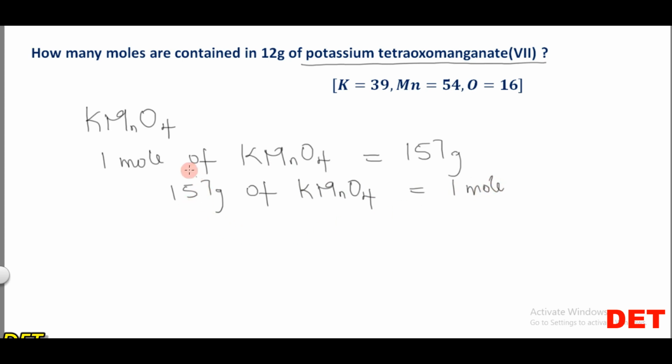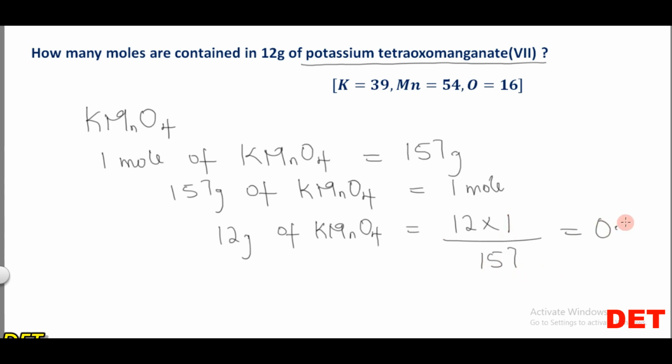All right. So the question is, how many moles are contained in 12 grams of potassium tetraoxomanganate 7? If 157 grams of potassium tetraoxomanganate 7 is equal to 1 mole, then 12 grams of potassium tetraoxomanganate 7 will be equal to 12 times 1 divided by 157, which gives us 0.076 mole.